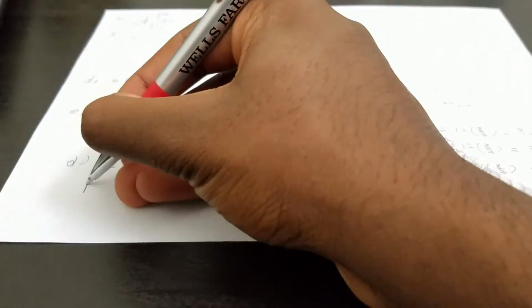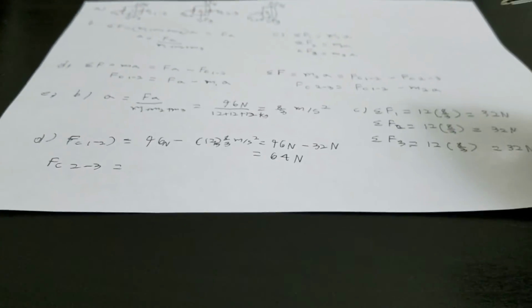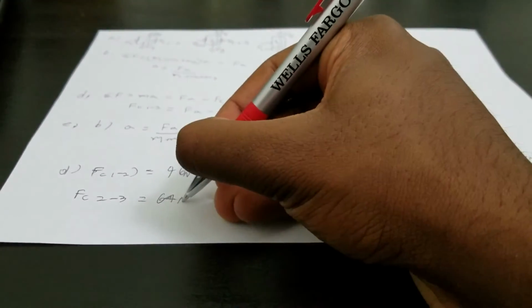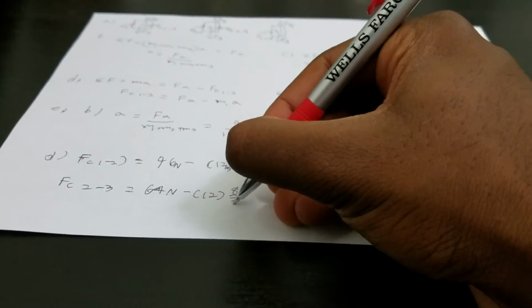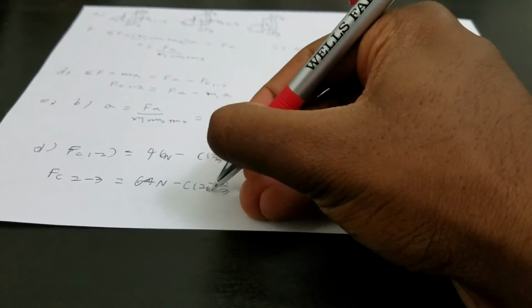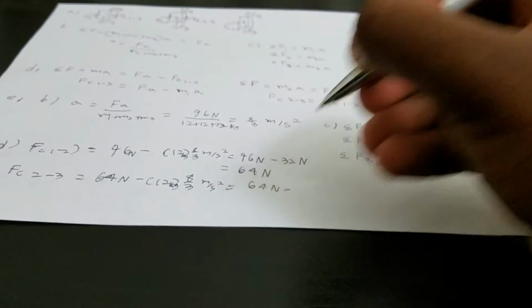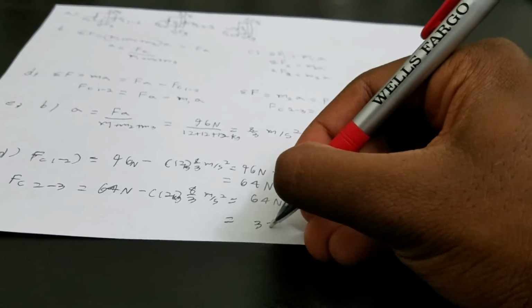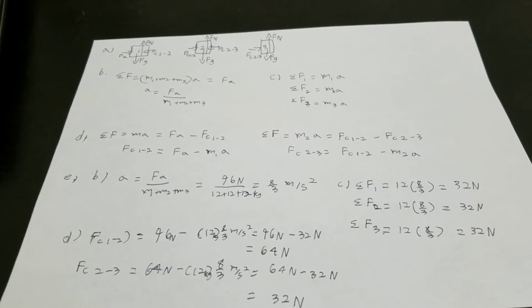And then to solve for force contact 2 on 3, it's force contact 1 on 2, 64 newtons, minus mass 2, 12, times acceleration 8/3, and that equals 64 newtons minus 32 newtons, which gives us 32 newtons for force contact 2 on 3. So these are all the answers.